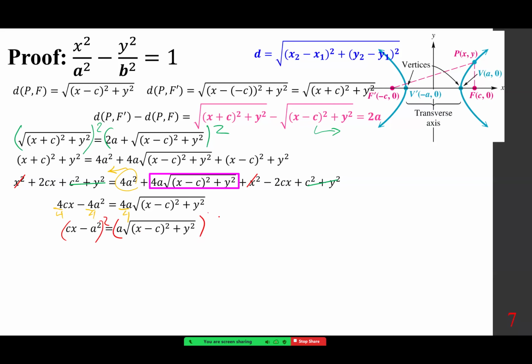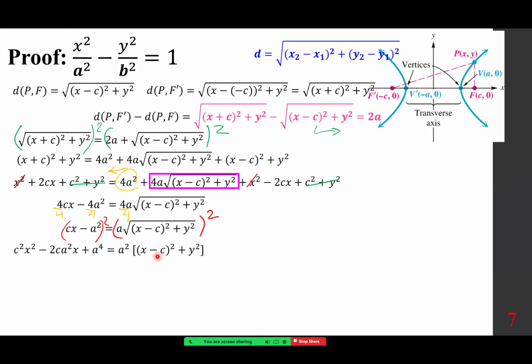We have to square it again. So this is c squared x squared minus 2a squared cx plus a to the power of 4. This becomes a squared, and this comes out. So we're not going to touch this.